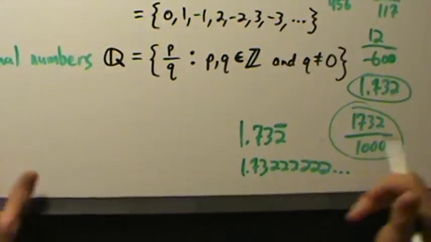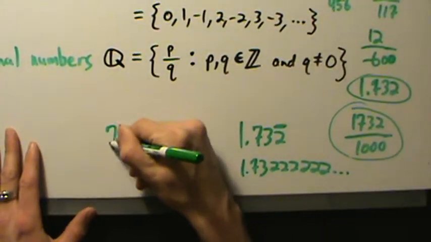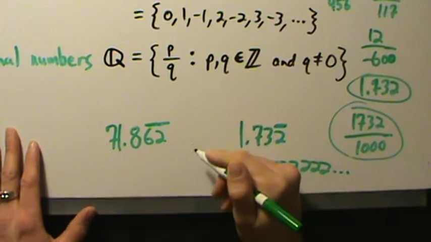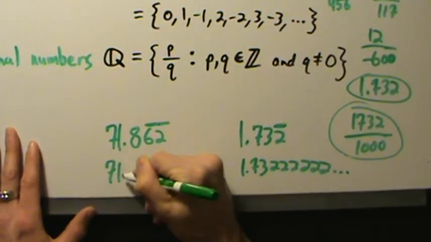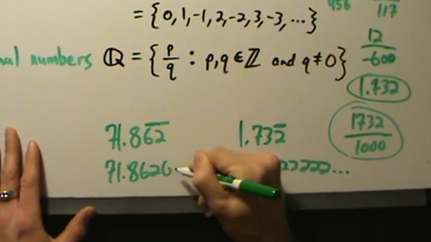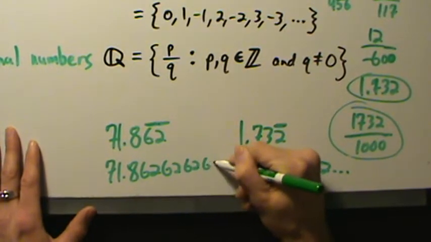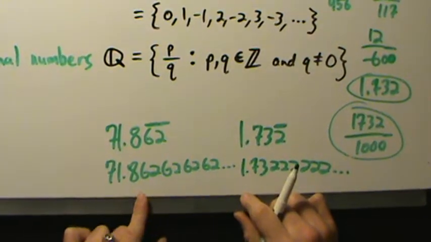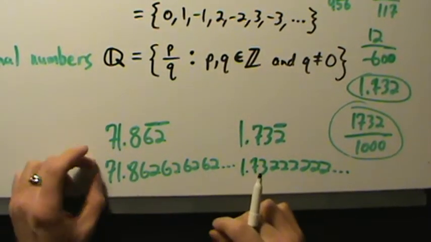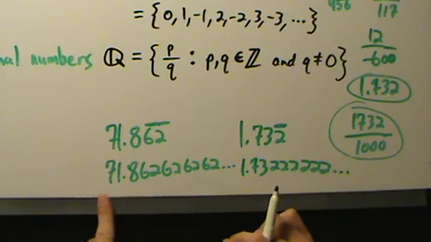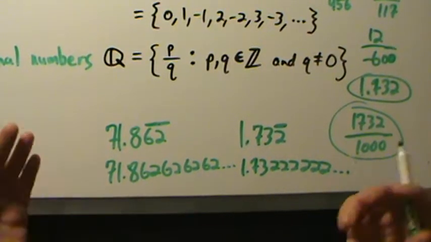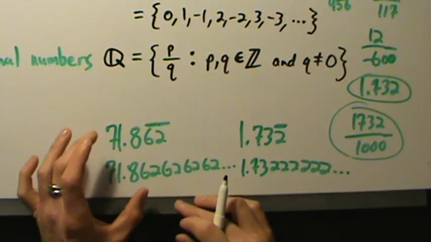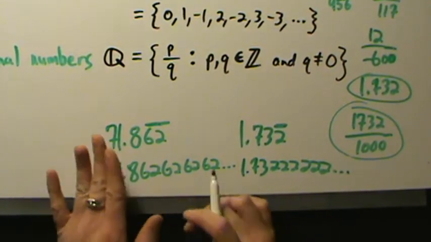Even something like 71.862626262 dot dot dot, where two digits repeat, is also a rational number, because it's possible to express it as a ratio of two integers. Again, it's kind of tricky to actually do that, but the point is it can be done.